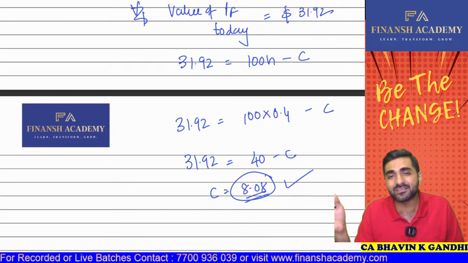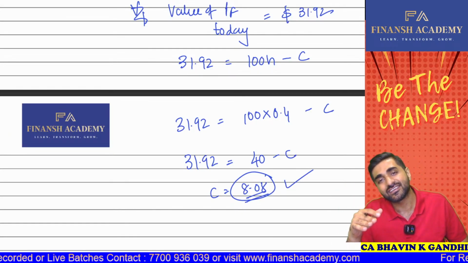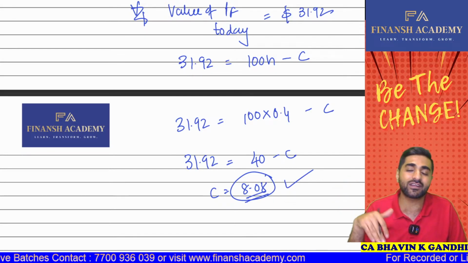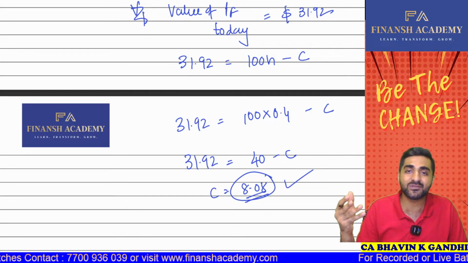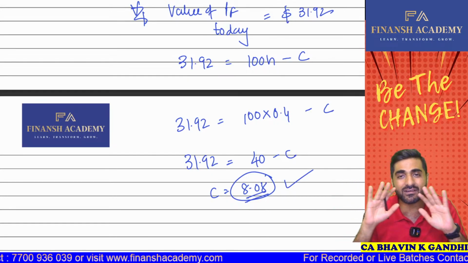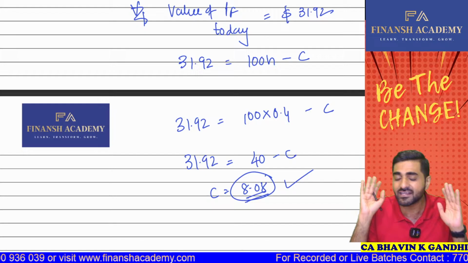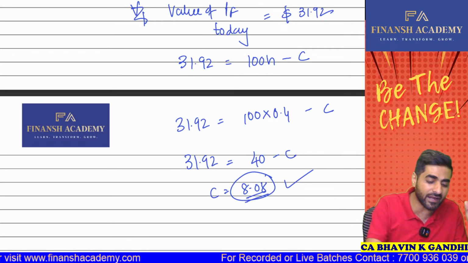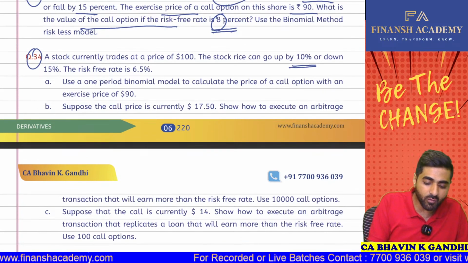Once we get the H, we can substitute that in the value of the portfolio today and finally get the value, which is nothing but 8.08. So I hope, my dear students, you have understood this entire concept about the riskless model very thoroughly, about how you calculate H, etc. Okay. And now, what is the second part?